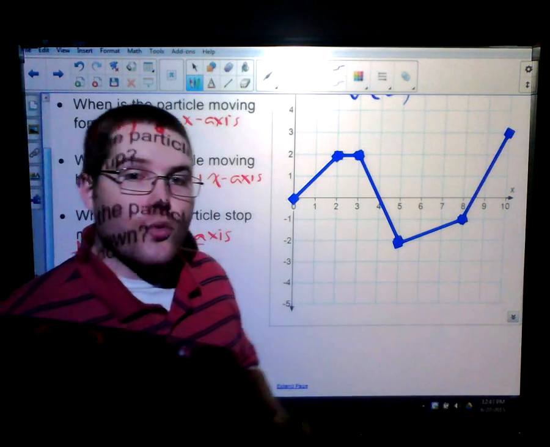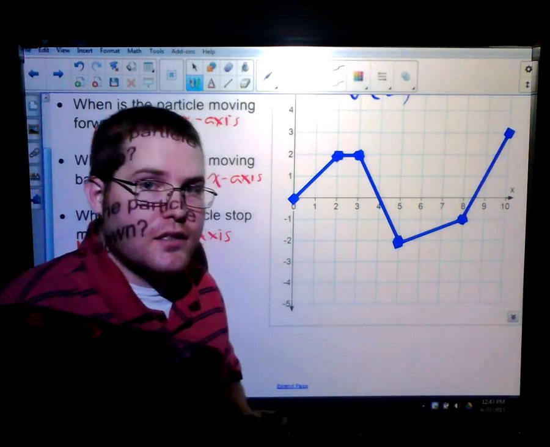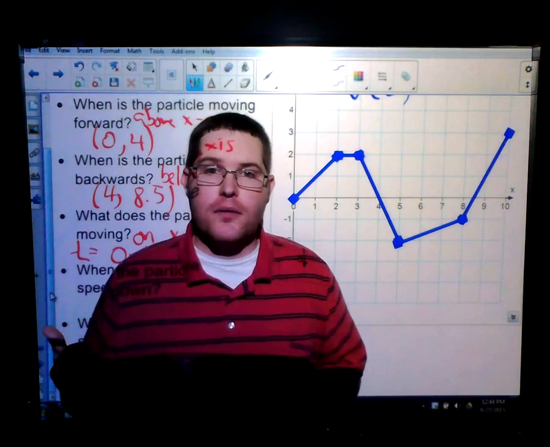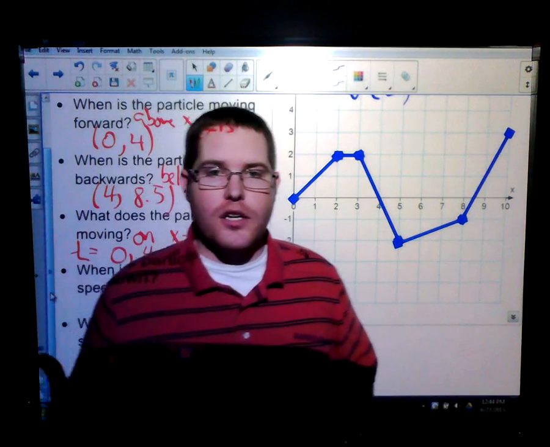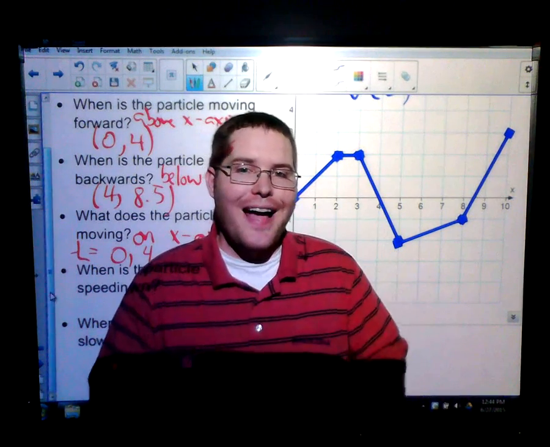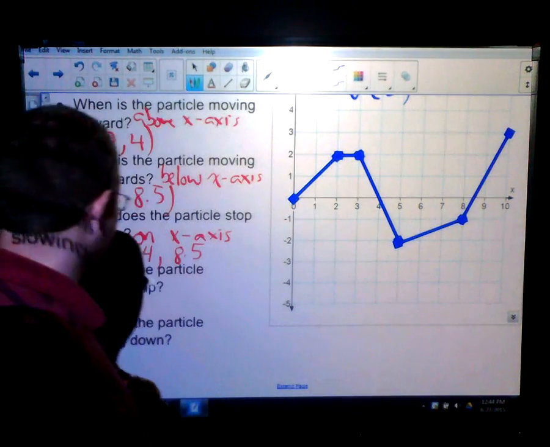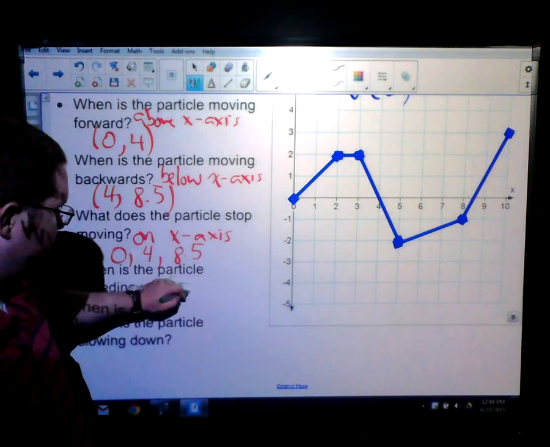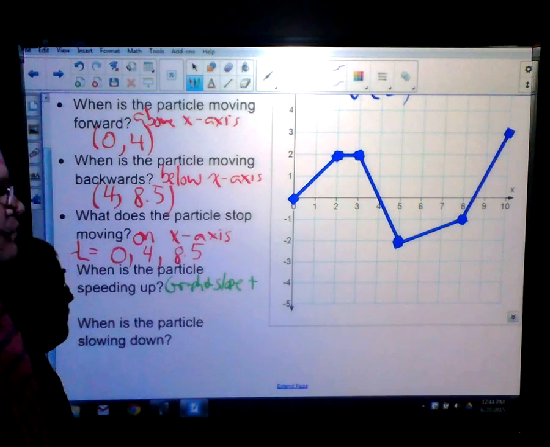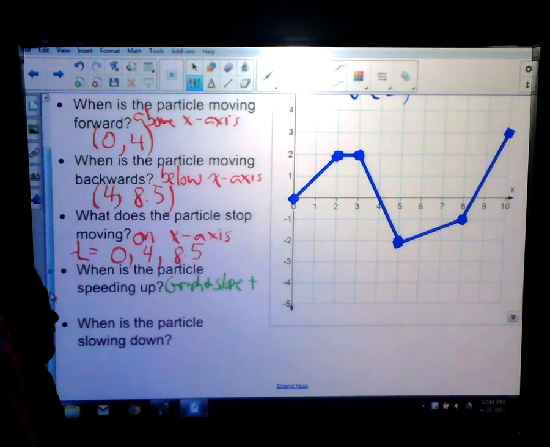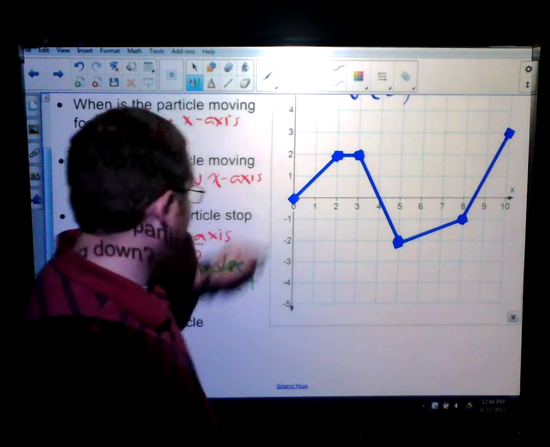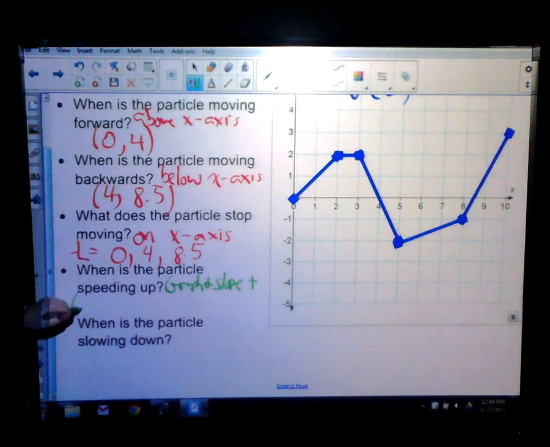I want to know then when the graph is above the axis, and what does acceleration look like on this graph? It was slope. So I want to know when the graph and the slope are positive. The graph is positive, but only this part is the slope positive. So from 0 to 2.